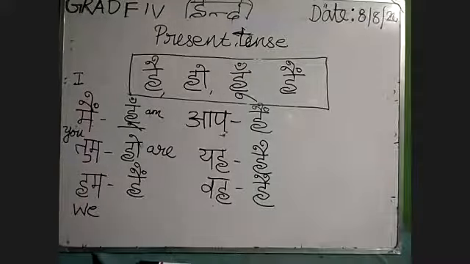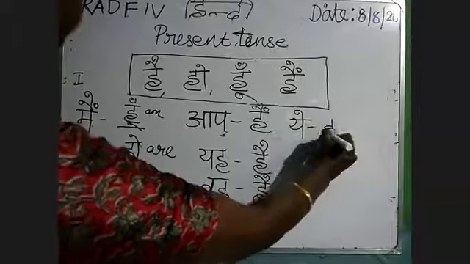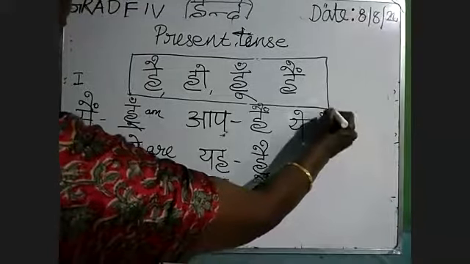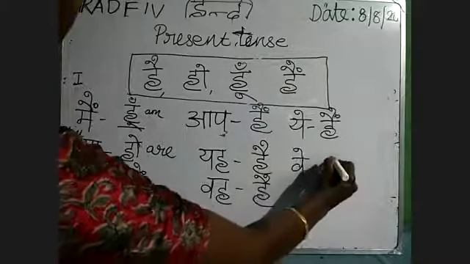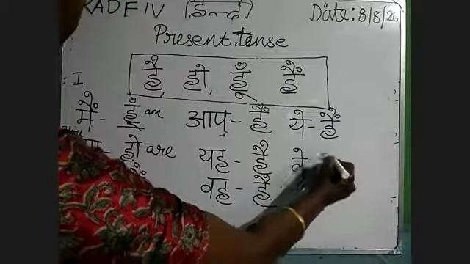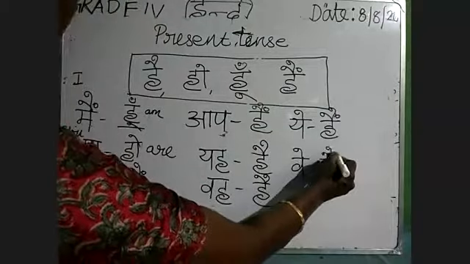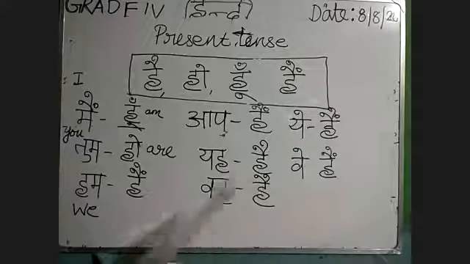Next, see here, ye. Ye means plural, so it takes hain. They also end with hain. Yah singular, ye plural. Vah singular, ve plural.